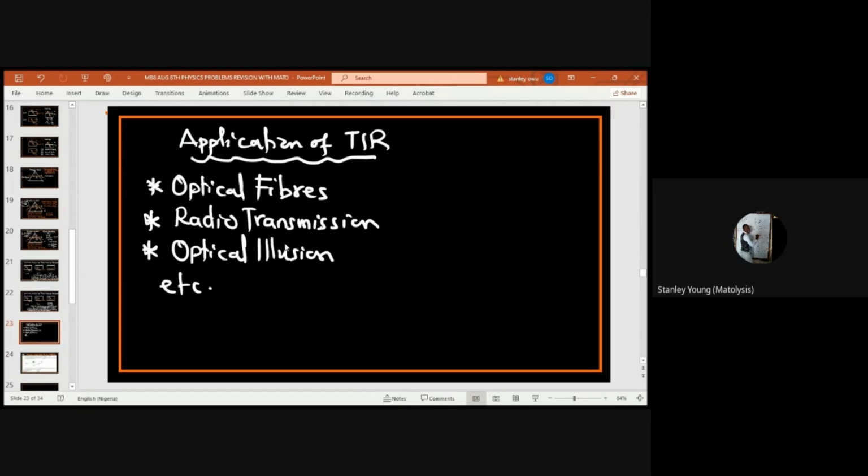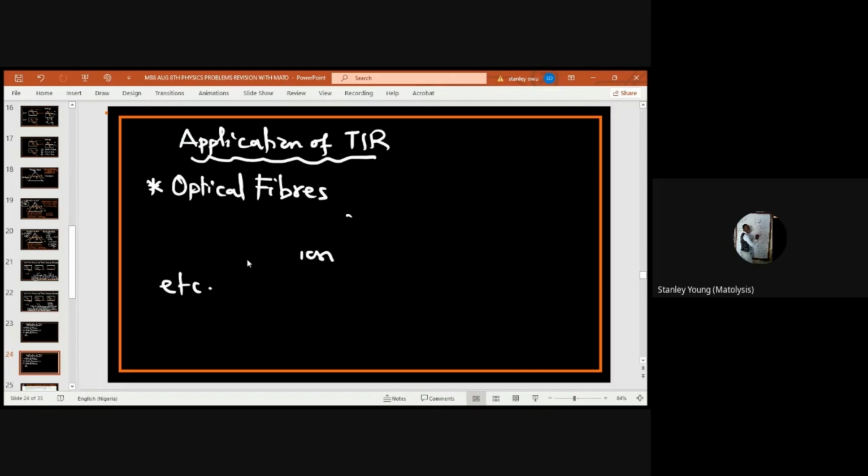I would really like to explain a bit of that because it is needed. Okay, so what is an optical fiber itself? An optical fiber is just a device that is used for transferring signals.